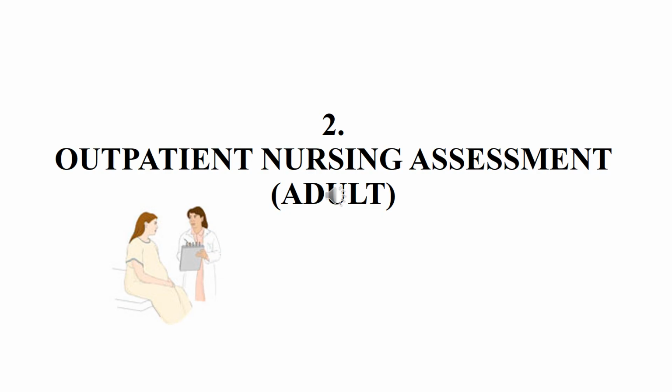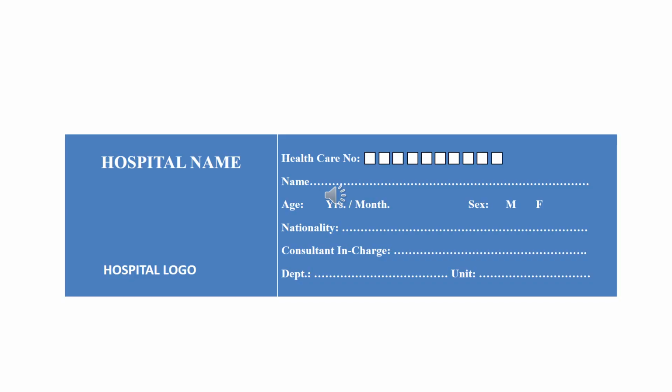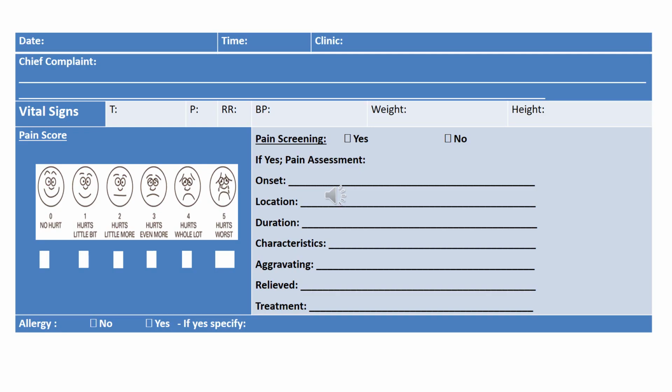The second example is the outpatient nursing assessment for adults. The header is the same with hospital name and logo. Then date, time and clinic, chief complaint, vital signs, pain screening and score, and allergy.